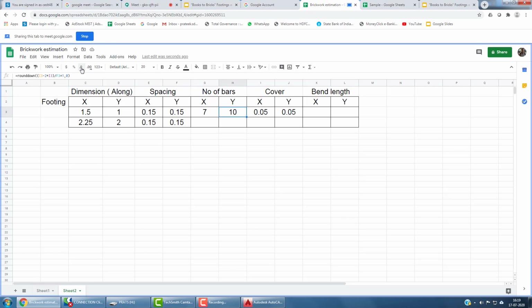Now write the equation on your own for the second one. Let us see. Write the equation in Excel on your own for the second one. That is second footing.